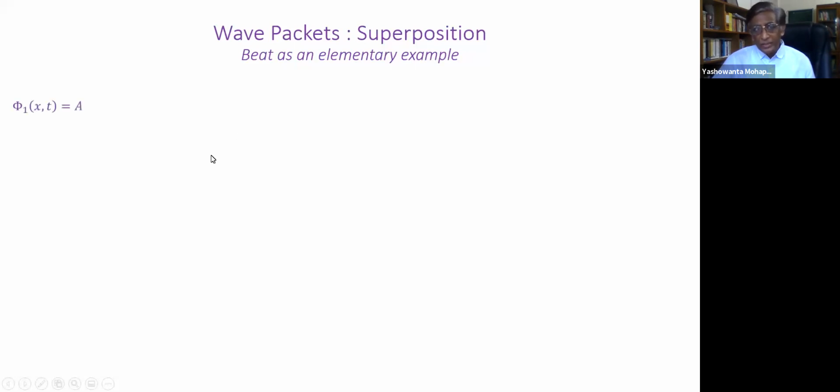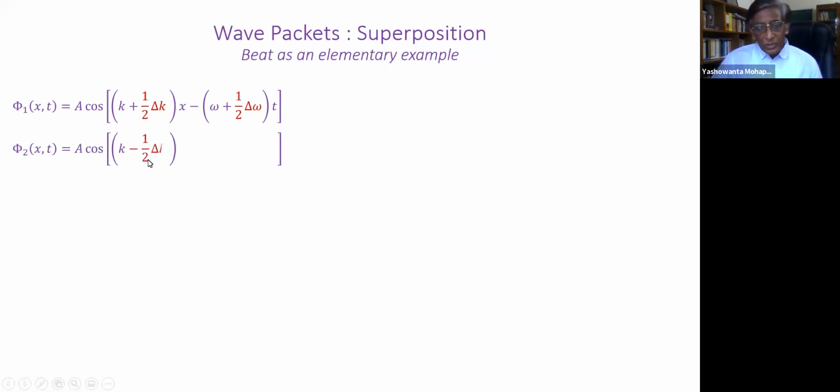If I have two waves, let's say cos, the center wave is k, and displaced slightly by delta k, and its omega also by half delta omega. Then I take another one, where I take it to be minus, slightly off from the center frequency k, and this is slightly off by minus half delta omega.